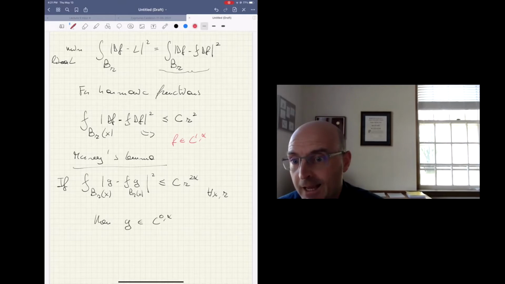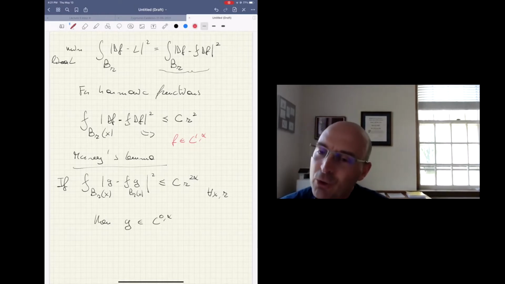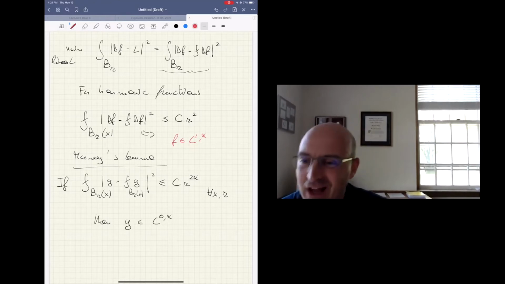Okay. And so where are you using the fact that you start off at a certain scale sufficiently close to the plane? Well, it's because your current is not exactly harmonic, so it's not exactly the graph of a harmonic function. It's more like weakly harmonic, or close to being weakly harmonic.